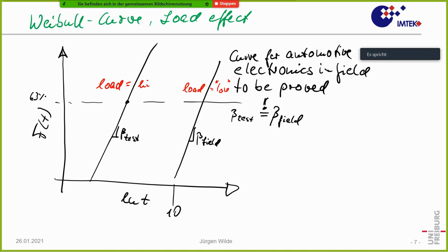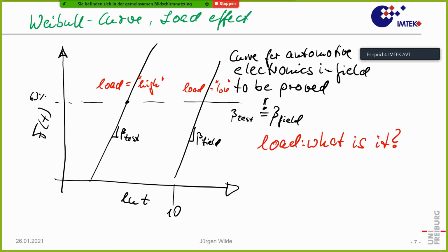So you could say you have a failure of a mechanical part, and on the other hand you have failure of an electrical interconnection. One is for high load, the other is for low mechanical load, and you cannot extrapolate between these. Now, what is the load?